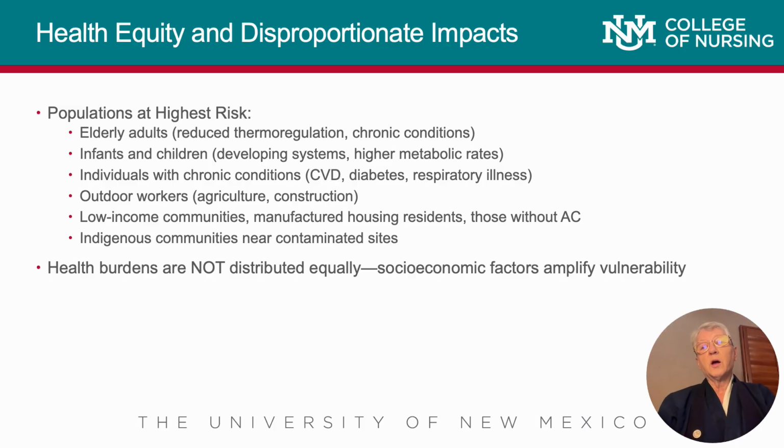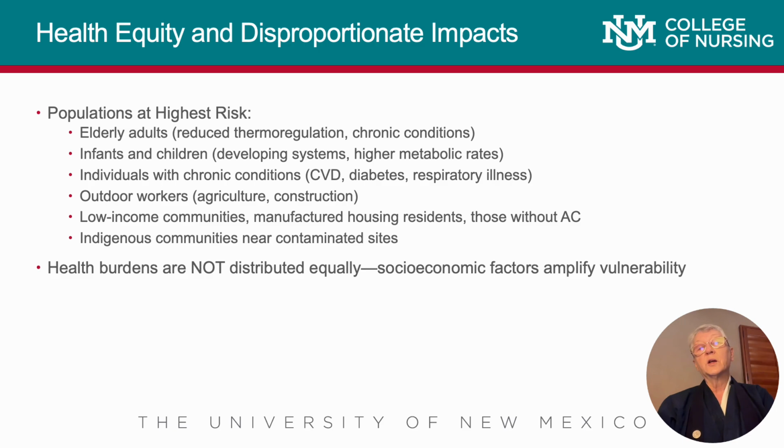Now I want to talk about a critical concept, health equity. Not everyone is equally vulnerable to disasters. Certain populations are at much higher risk. Elderly adults have reduced ability to regulate body temperature and often have chronic conditions that are exacerbated by disaster.